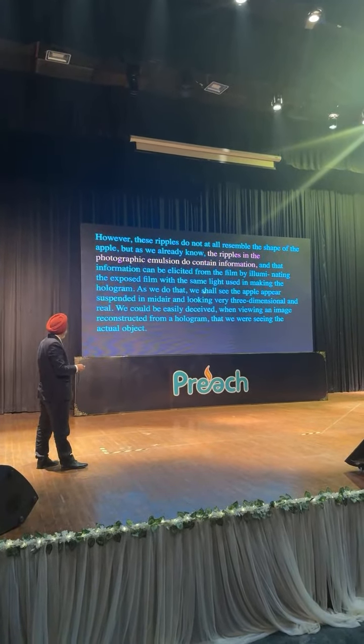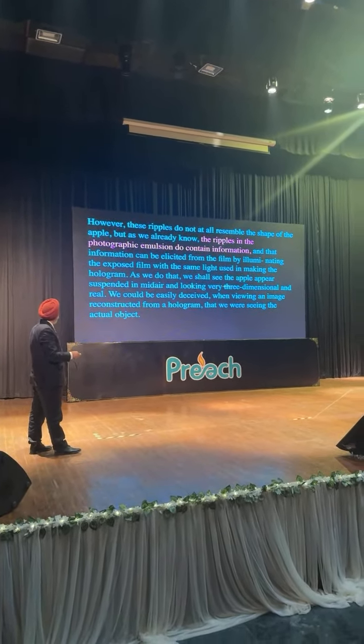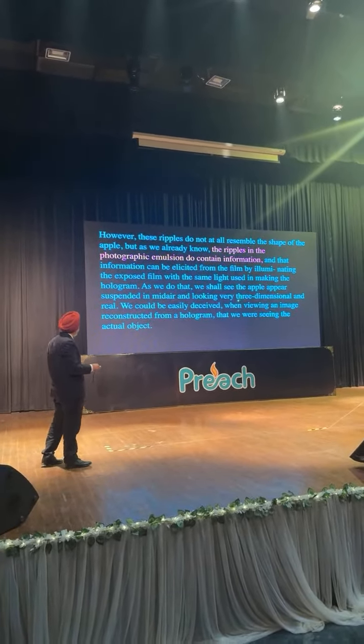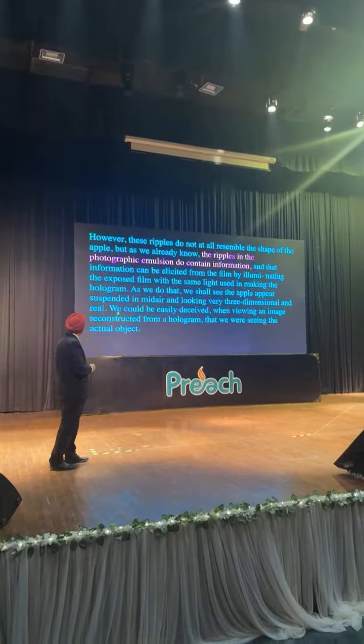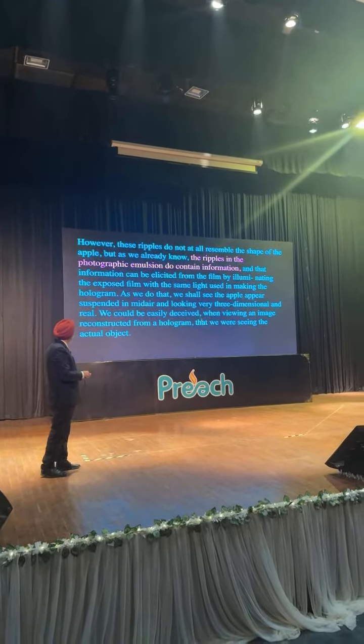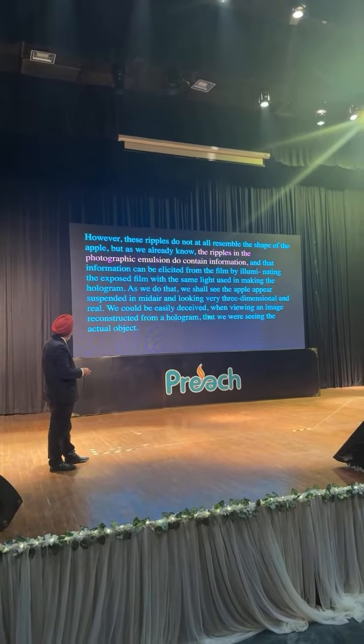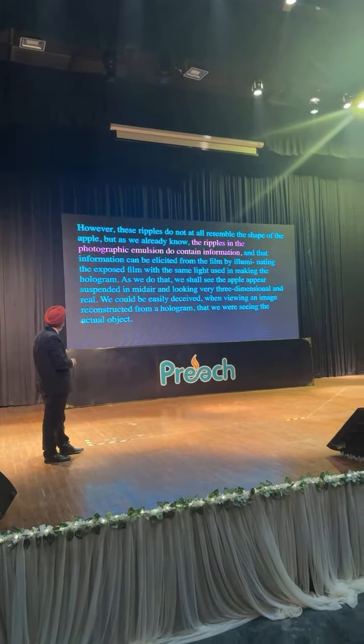As we do that, we shall see the apple appear suspended in mid-air and looking very three-dimensional and real. We could be easily deceived when viewing the image reconstructed from the hologram that we were seeing the actual object.